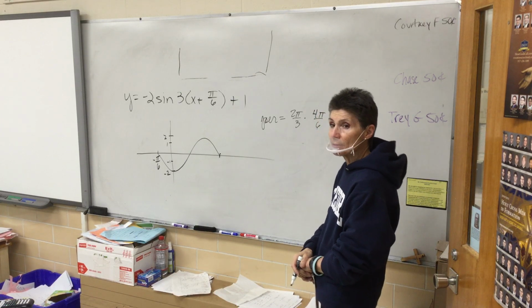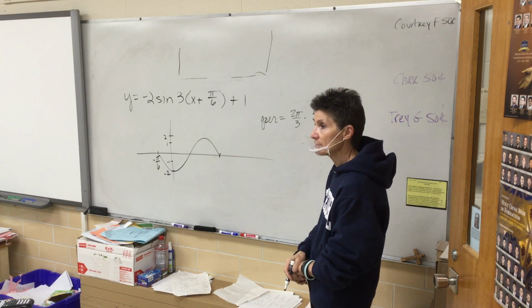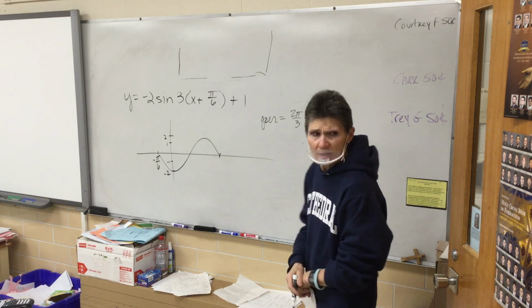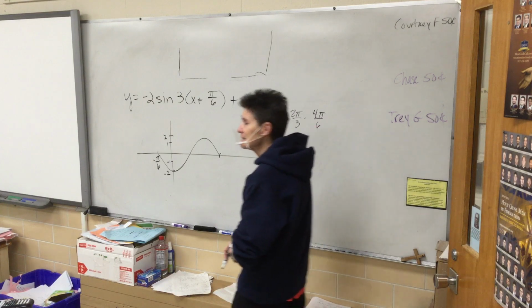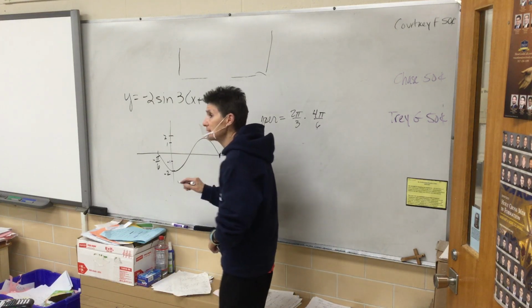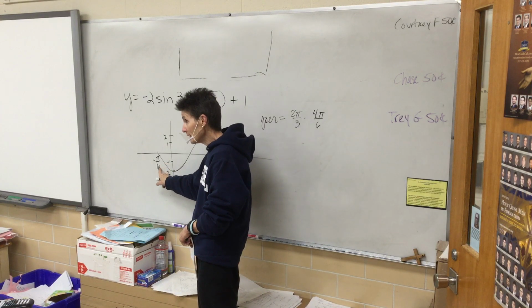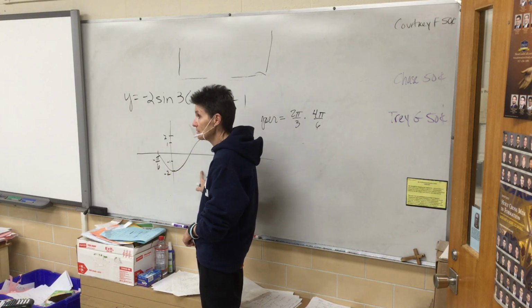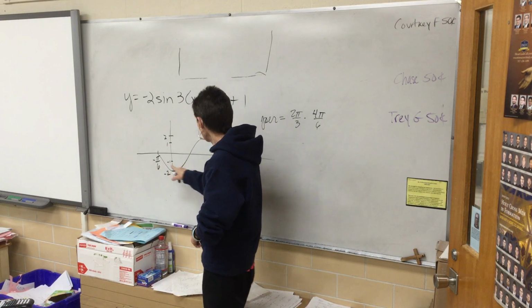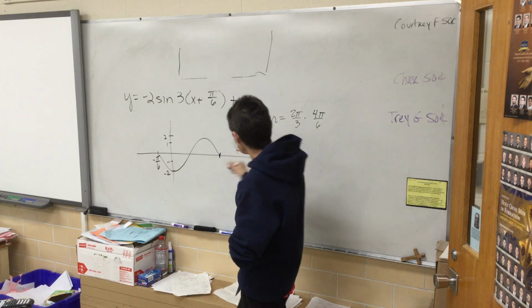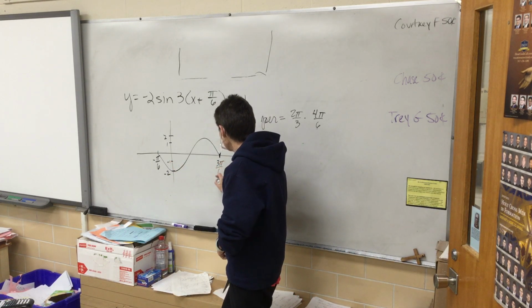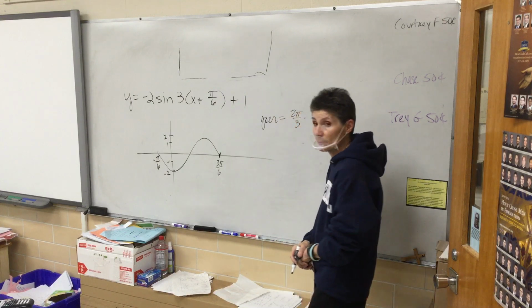If I thought of my period as 4 pi over 6? That will make it easier to find my endpoint, because how do I find my endpoint? I take whatever my beginning is, and I add my period to it. So, since I made that 4, 6, this is going to be 3, 6. Everybody okay with that?